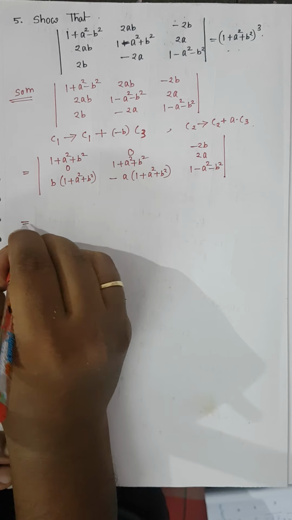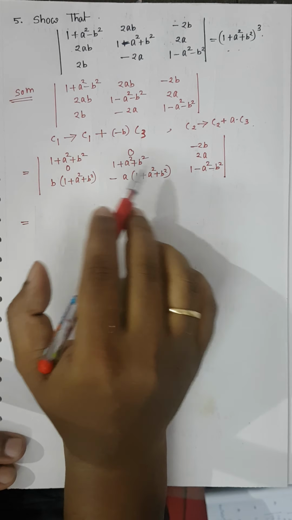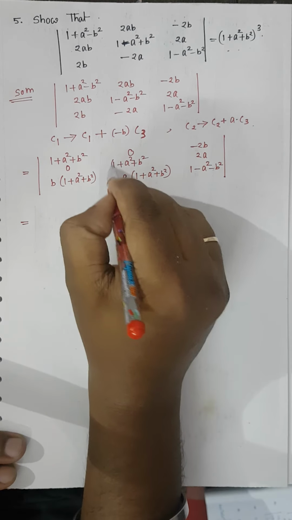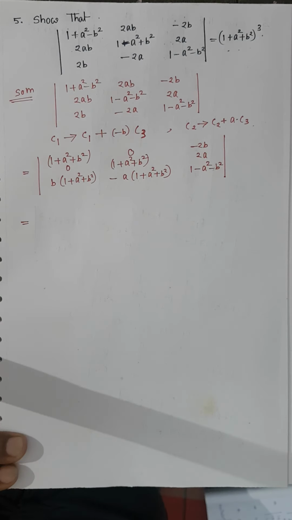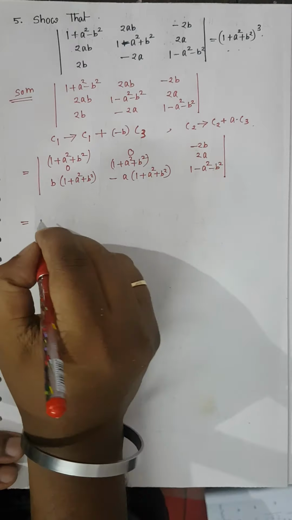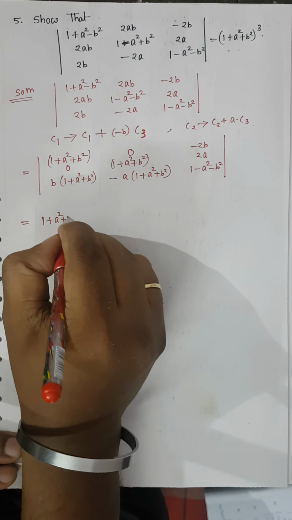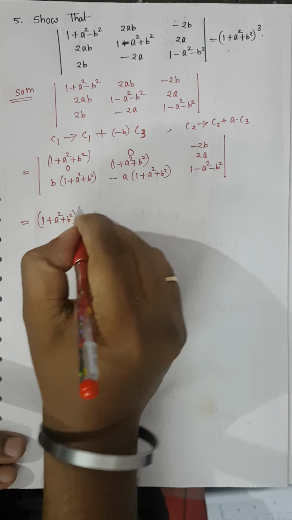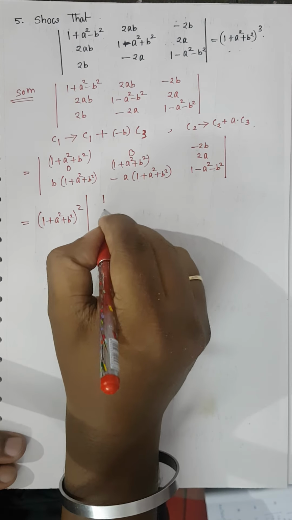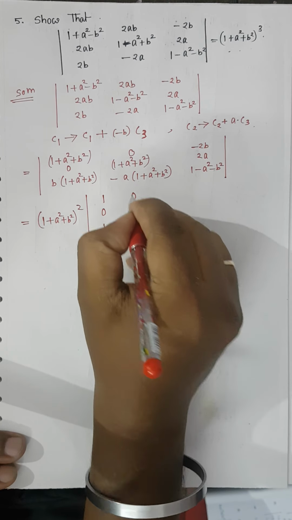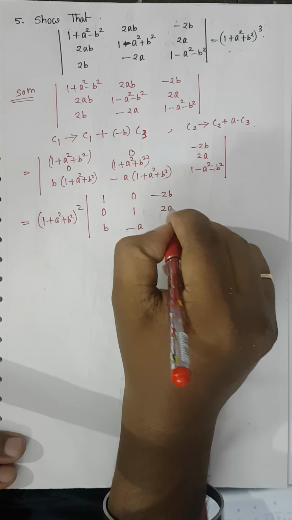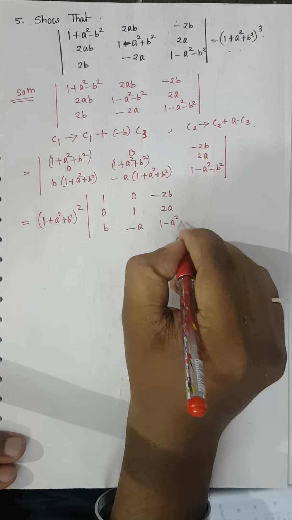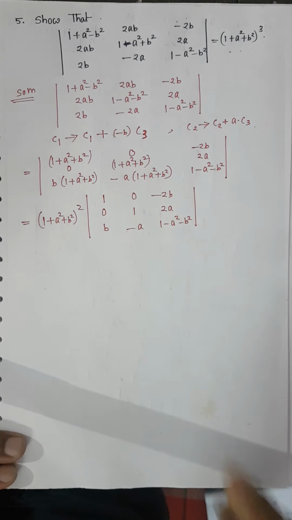Now clearly from column 1 and column 2, you can take the constant 1 plus a square plus b square common. So it is 1 plus a square plus b square whole square, times the determinant with rows 1 0 b, 0 1 minus a, minus 2b twice a 1 minus a square minus b square.